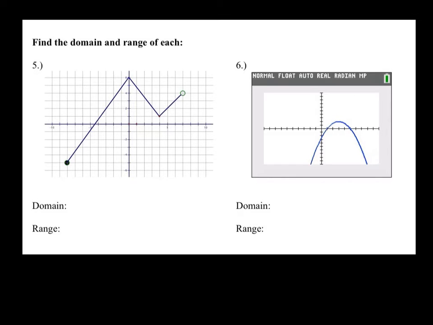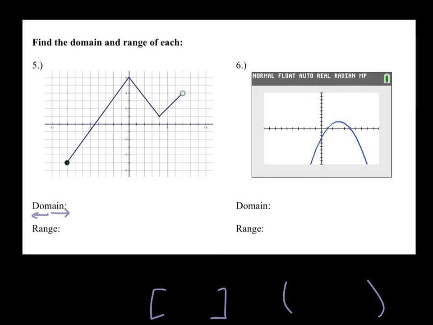Now remember, interval notation is with the parentheses or the brackets. So if we're looking at the domain, remember those are your x values, and domain is left to right. Remember, we look at a graph like we read a book. We go from left to right. So if there are not arrows here, they actually give us starting and stopping points.